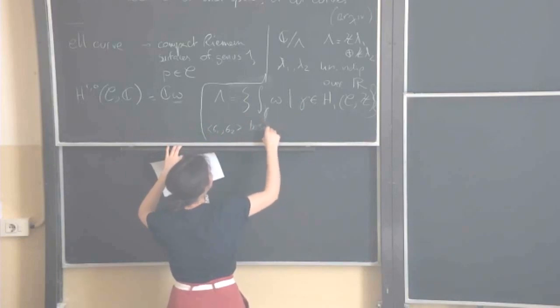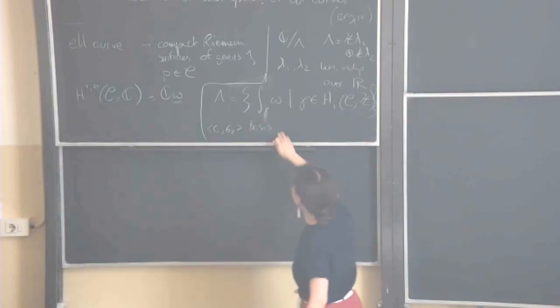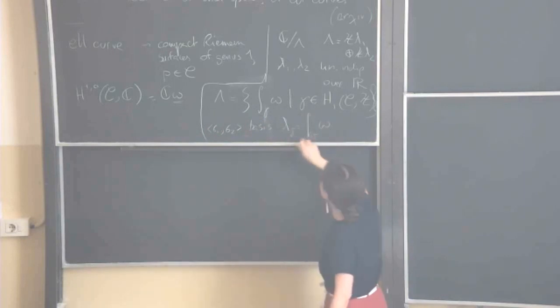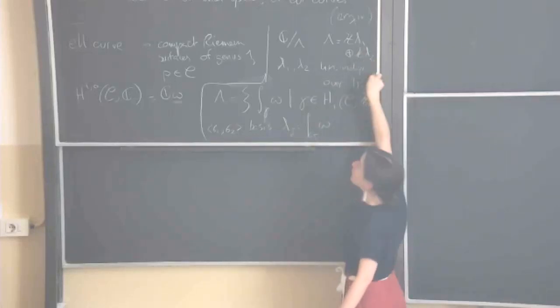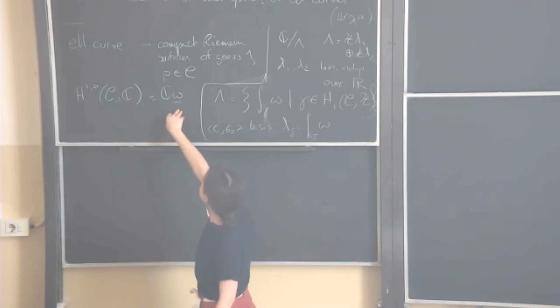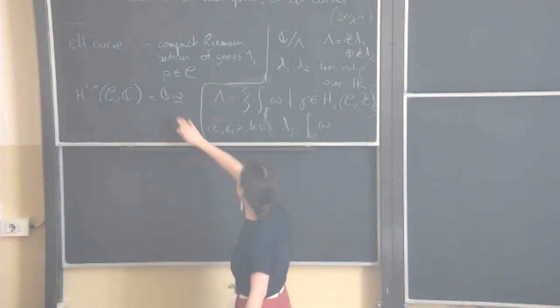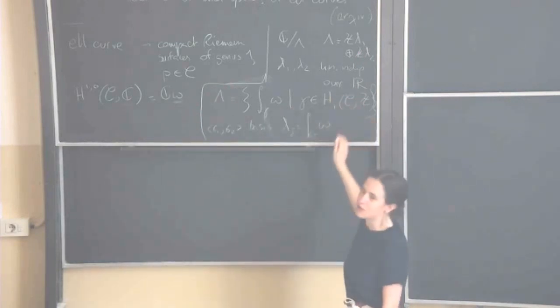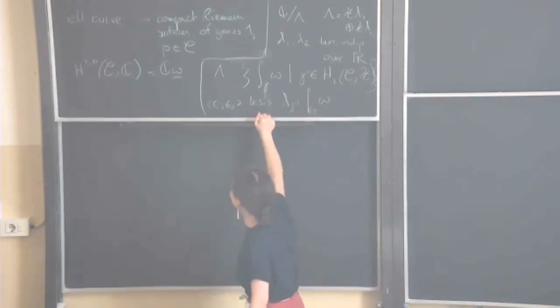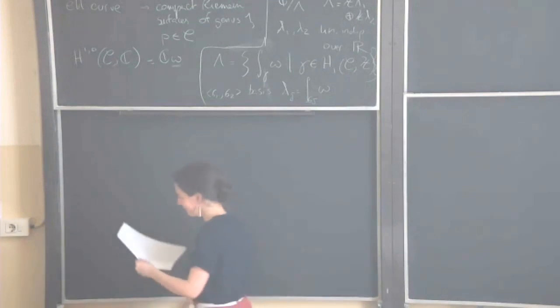Then we call λj the integral over σj of ω, and these are these two values. So you pass from the Riemann surface structure to the complex torus structure via this.